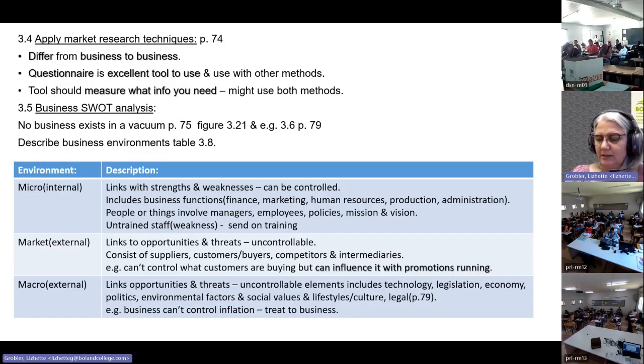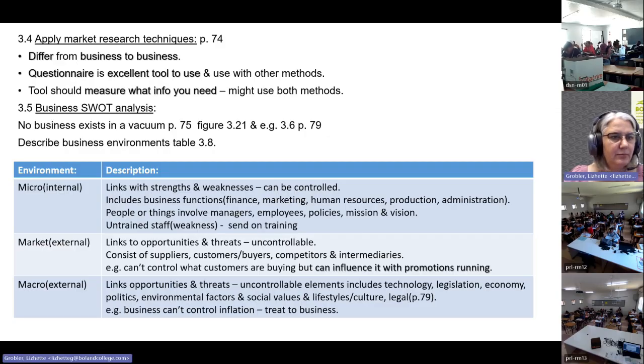What this means, SWOT analysis, is know the strengths and also build on them, avoid or minimize the weaknesses, and then be aware of the opportunities and use them before the competitors do, and then be aware of possible threats that could come from the external environment and be prepared for that.